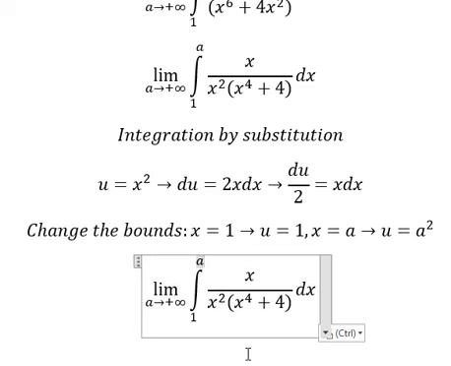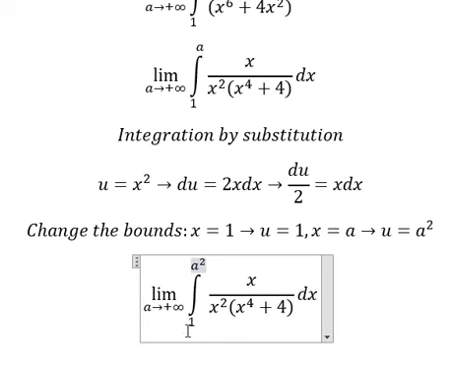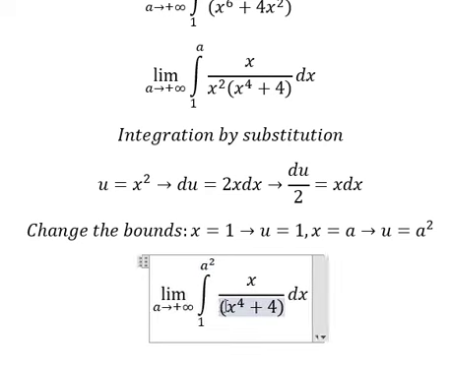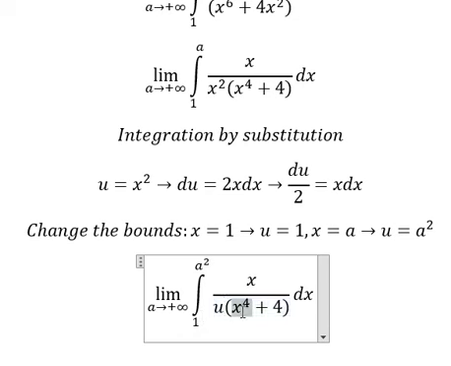So this one we change to 8 squared. Number 1 we keep the same. This one we change to u. This one we change to u squared. s ds we change to du over 2.